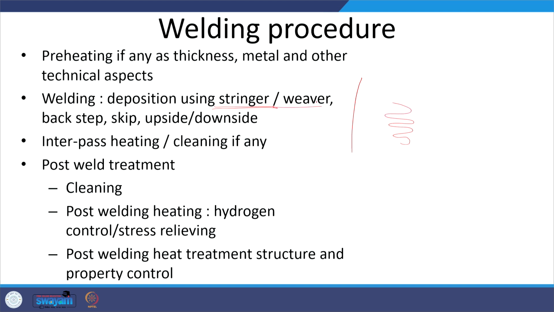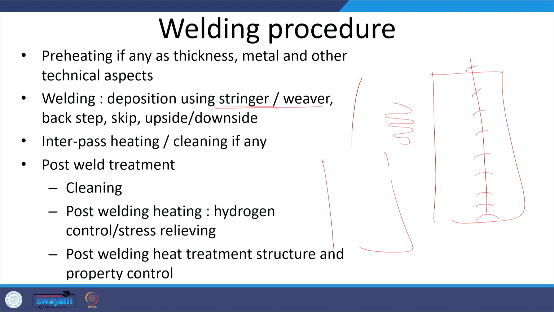For realizing multiple benefits, the weld metal deposition can be done simply, starting from one end and going up to the other end, or it can be another kind where skipping is done. It is deposited up to some distance, then skipped, then deposited at another location, then skipped like this. Then again you start at another location.